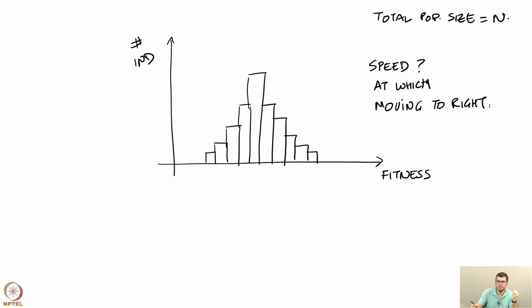Which is also the speed of adaptation, speed of how mean fitness is changing with time, and so on and so forth. So in tau time a few things happen.